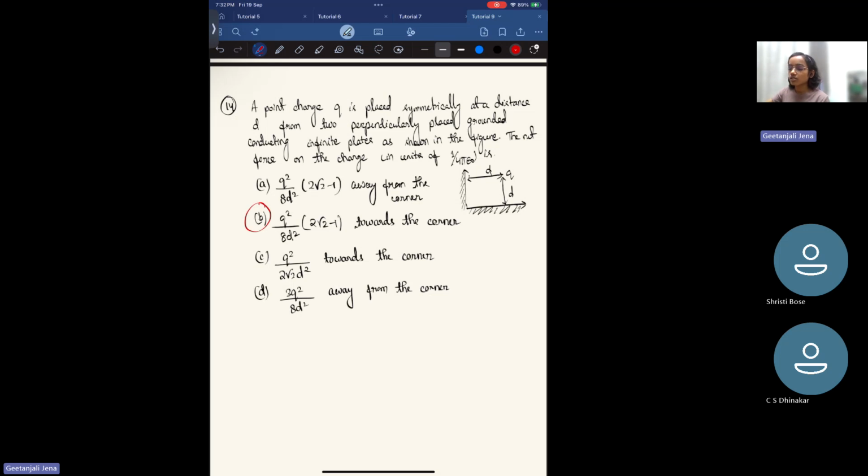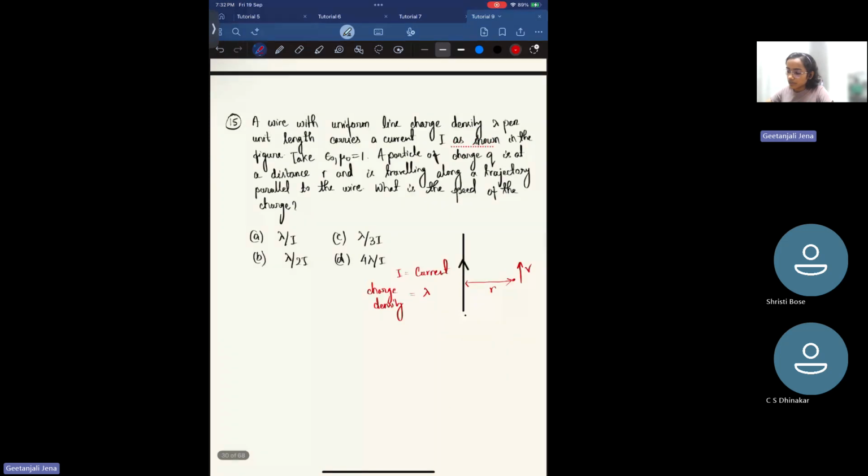You need to find the force experienced by this charge in terms of the unit 1 by 4 pi epsilon naught. Solve it and check whether you are getting the answer B or not. Okay, for now, let us move to our next problem.